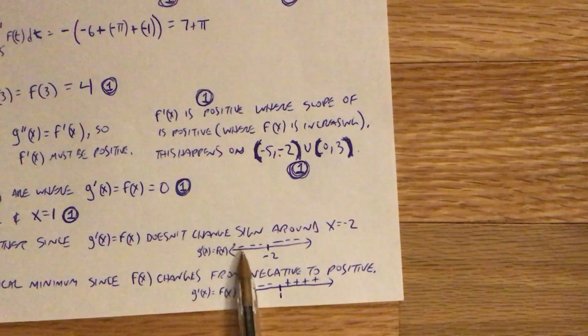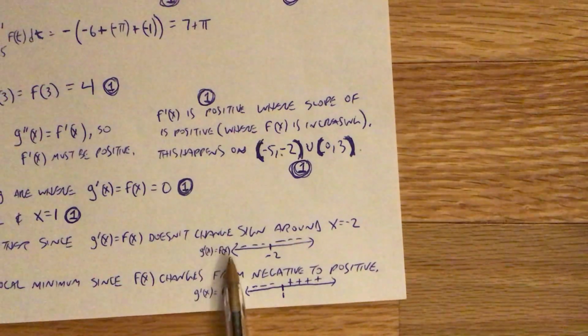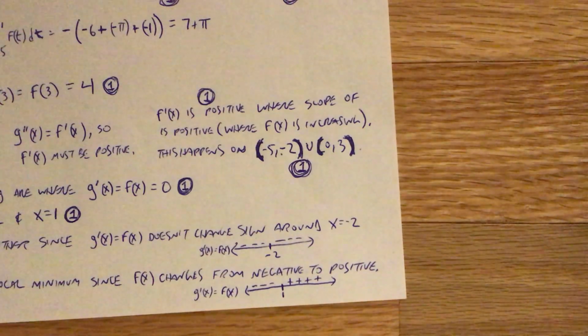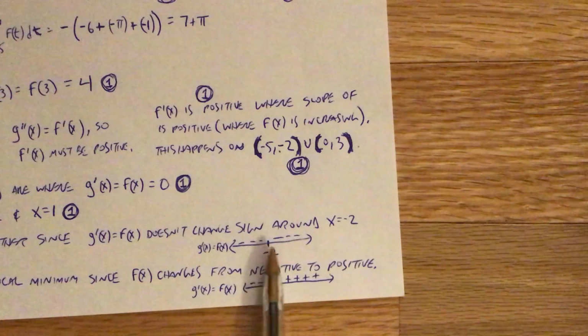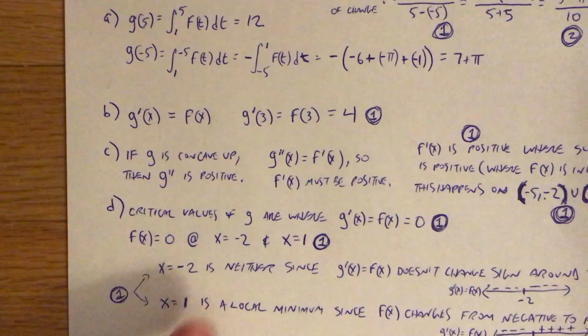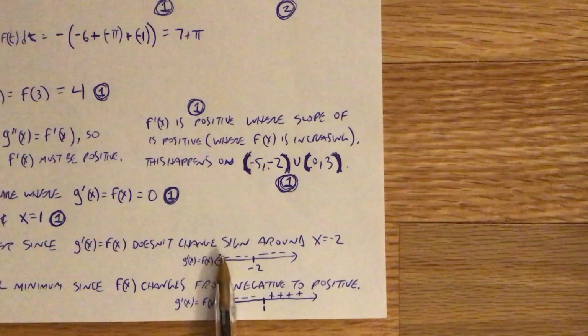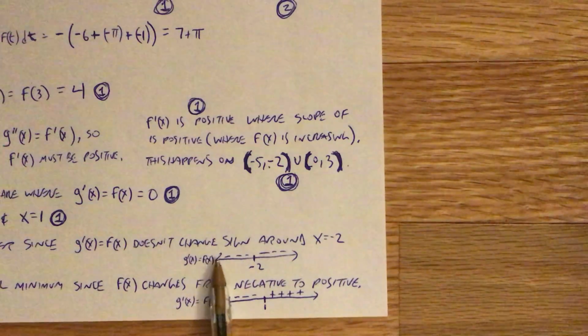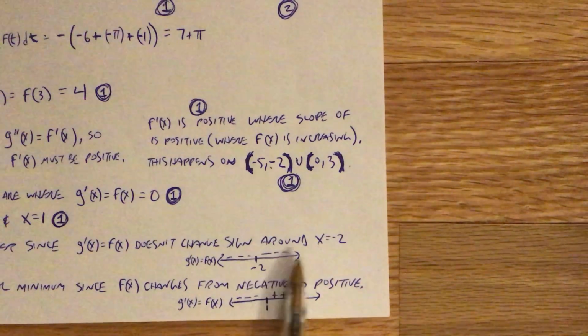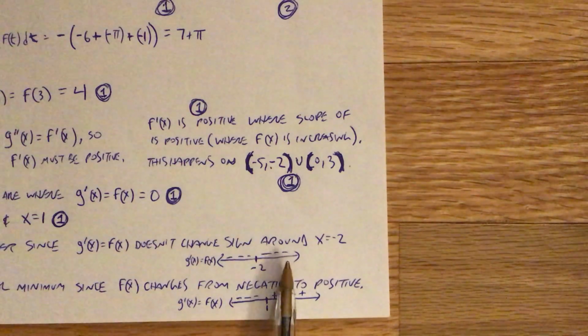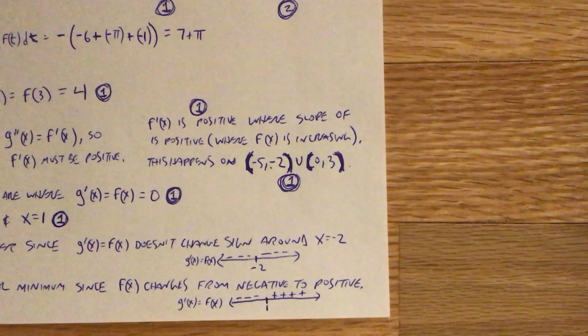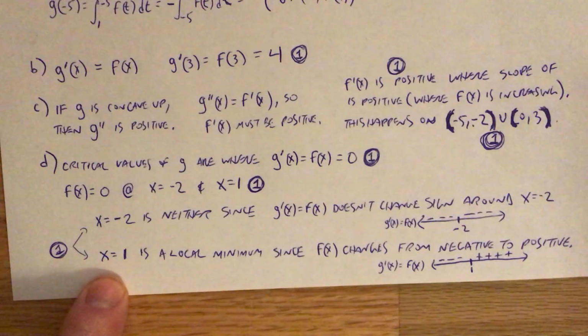If there's no sign change for the derivative, remember, f is the derivative of g, so since f is not changing sign, g's derivative is not changing sign, so therefore this critical point is neither. Basically, the original function, g, is decreasing, stops decreasing for a moment, keeps decreasing. So if you decrease, stop, decrease, you're neither a max nor a min. Now, what's happening at 1?